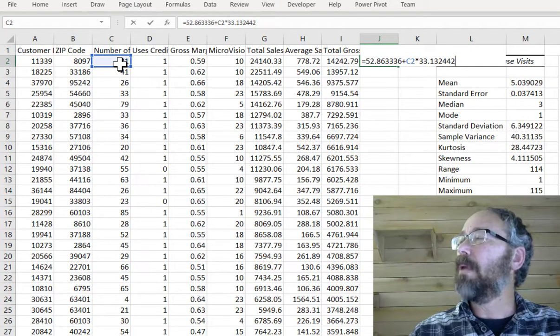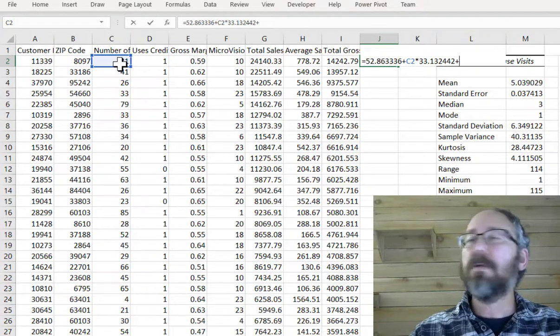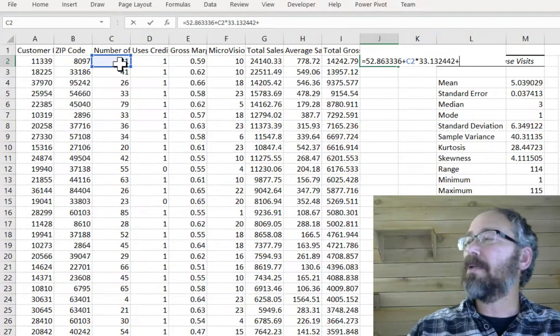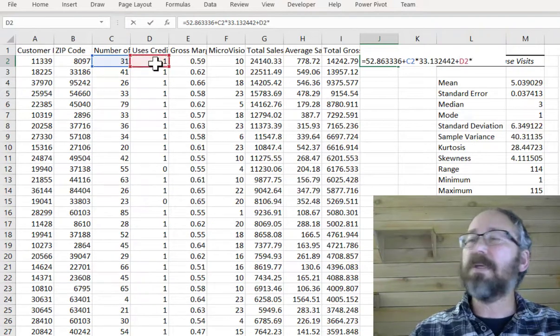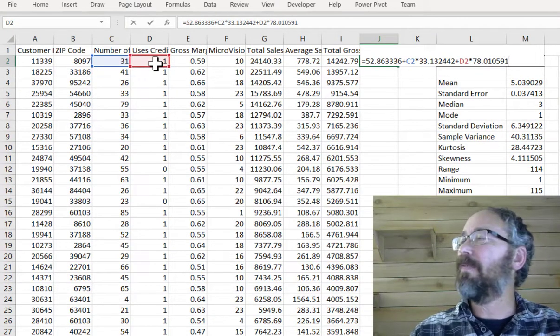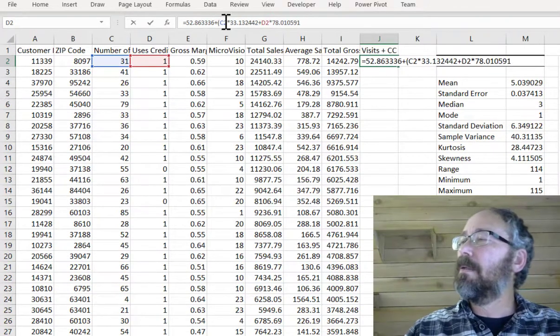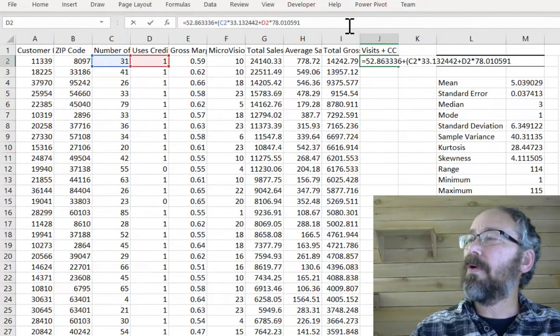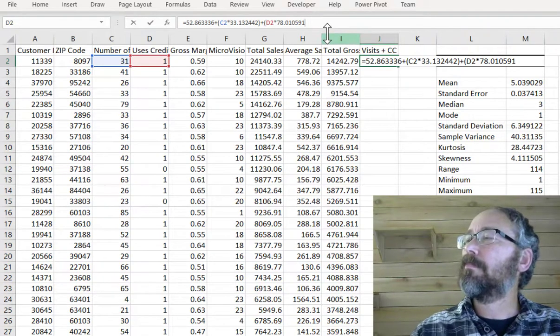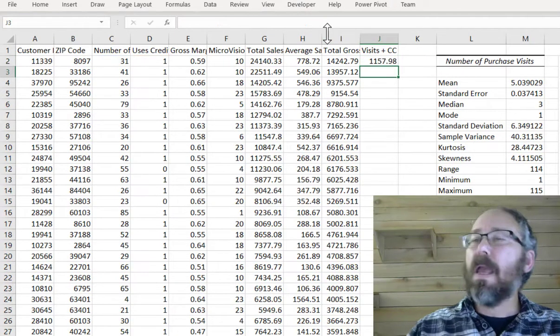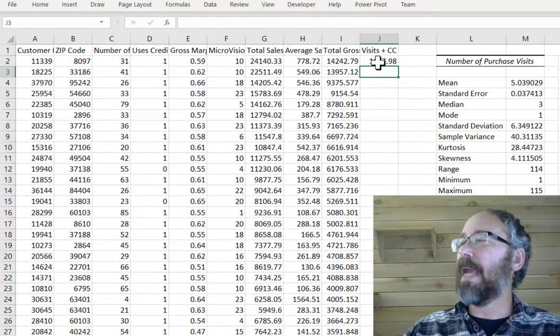And then we want that to be added to the uses credit times the constant for that, or coefficient. I called it a constant, it's the coefficient. Now I do prefer to use parentheses around these just to be thorough, so I'll type those in. And there you go, we have our calculation.